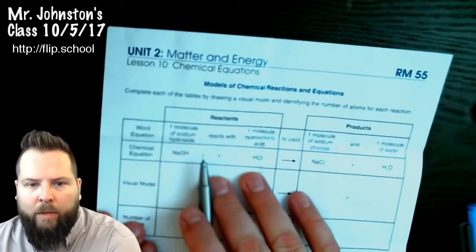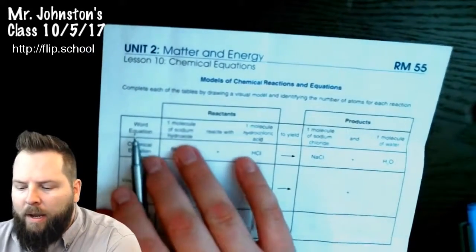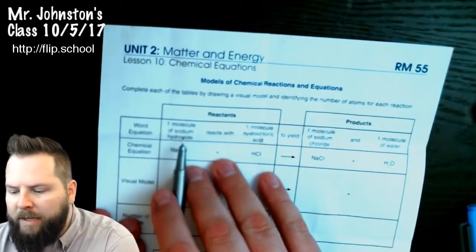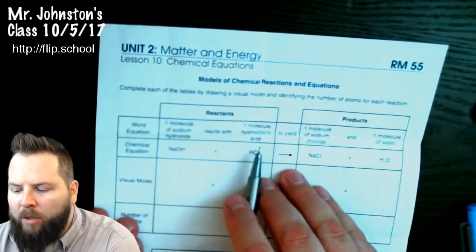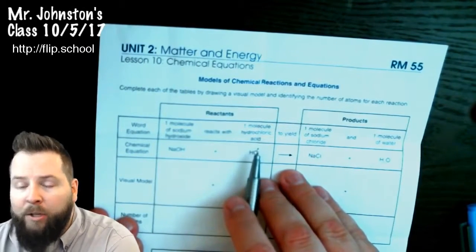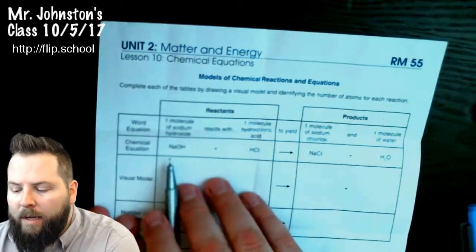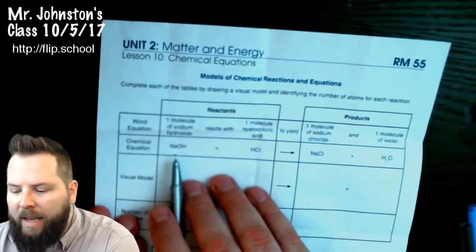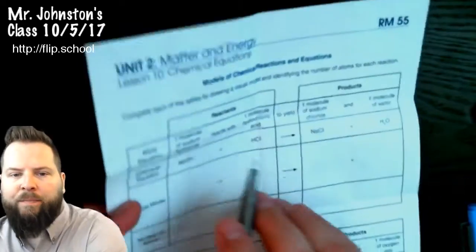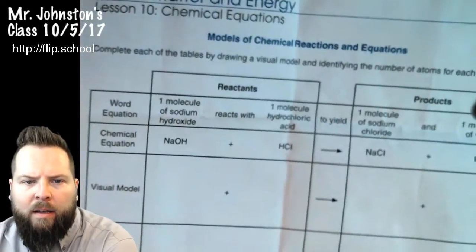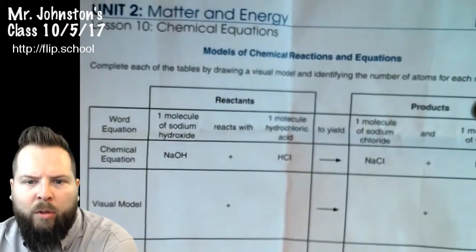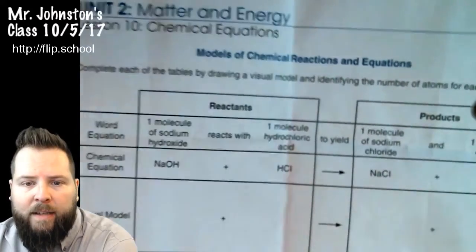So what we're dealing with here is chemical reactions. The word equation says one molecule of sodium hydroxide reacts with one molecule of hydrochloric acid. And so we see the chemical equation is NaOH. And we see that the chemical equation for a molecule of hydrochloric acid is HCl.